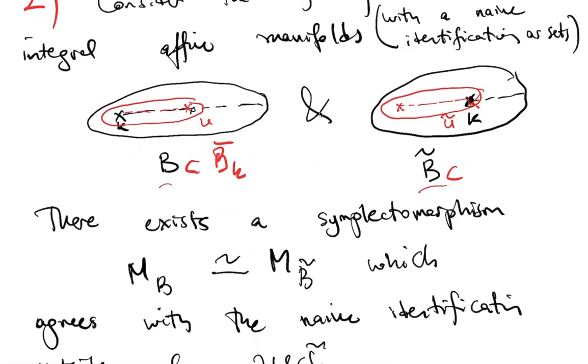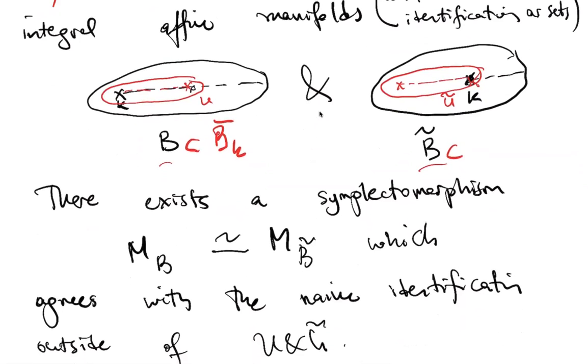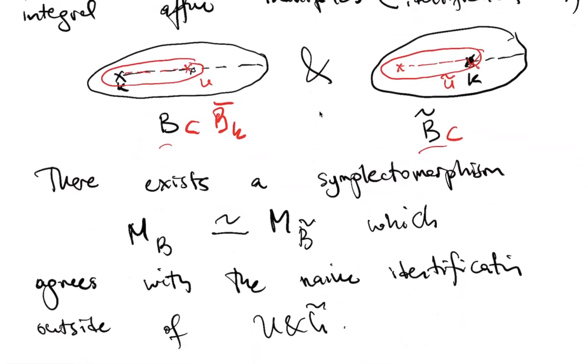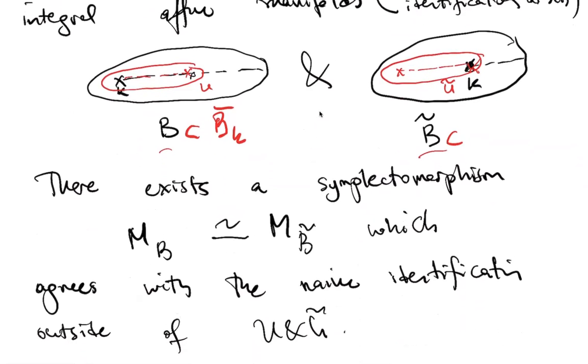Then both of these give me symplectic manifolds by the construction that I just outlined. But these symplectic manifolds a priori are different. So what I'm claiming is that they're not actually different. They're symplectomorphic by a symplectomorphism that's equal to the naive identification outside of an arbitrarily small neighborhood of the line segment along which my node moved.